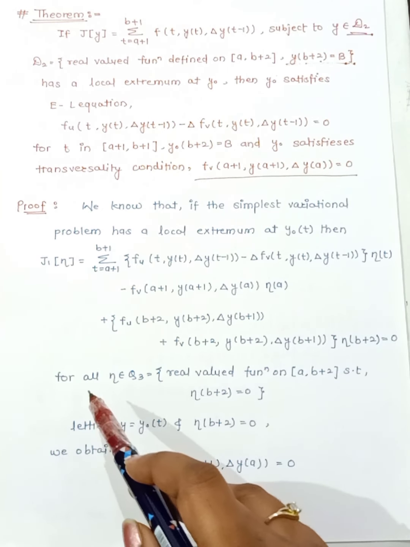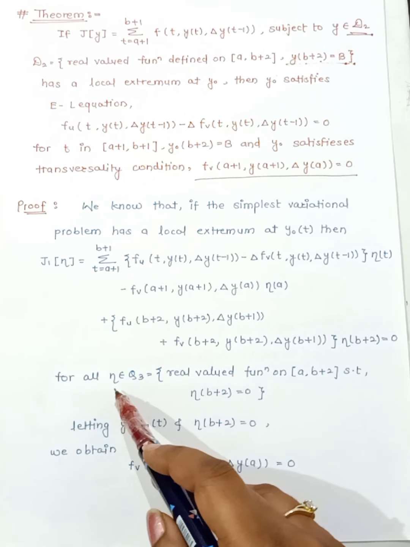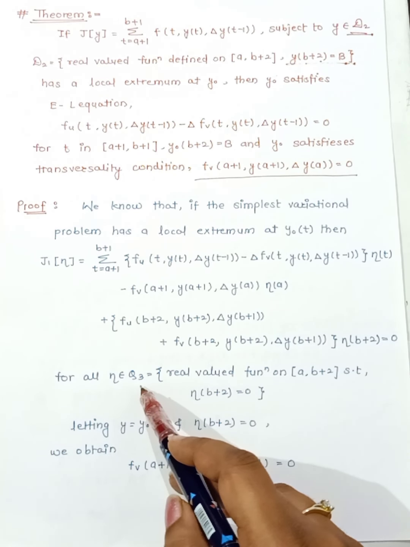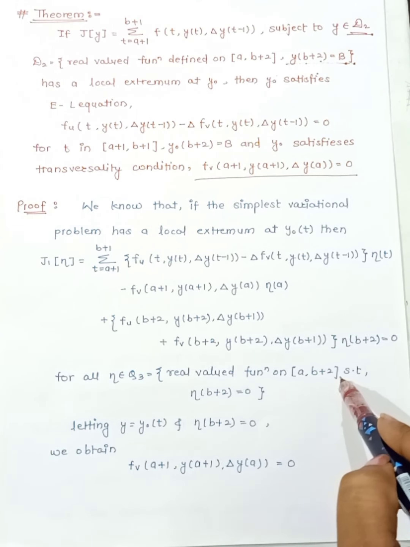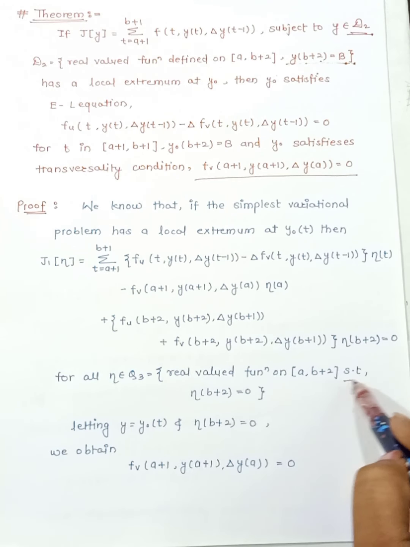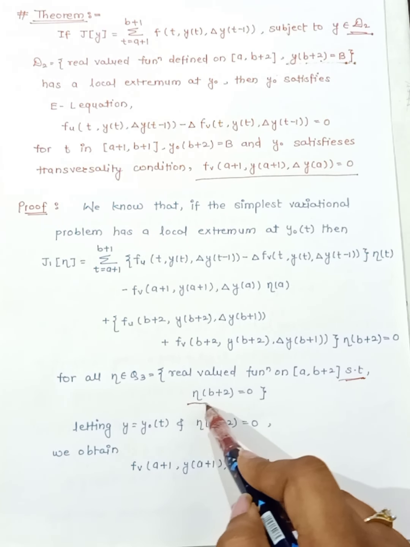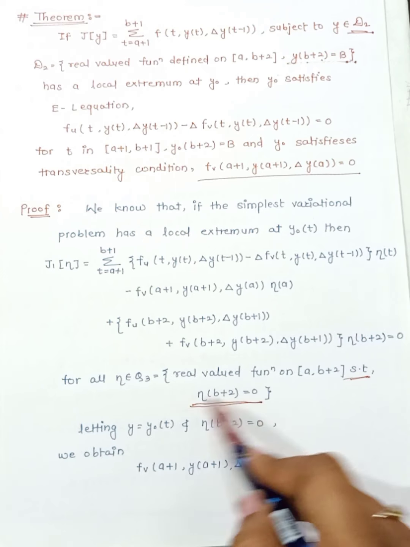And same as we saw in the last theorem, all η belong to Q3. So Q3 is the real valued functions on the closed interval [a, b+2] such that η(b+2) = 0.